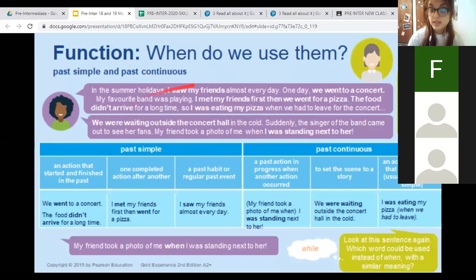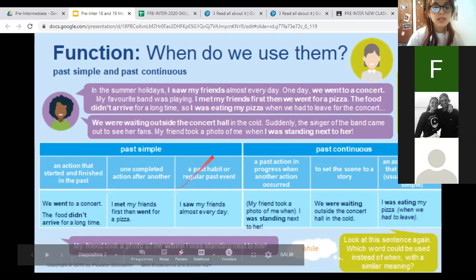Met. Good. Went. Very good. And the past continuous? I was eating my pizza. I was eating. Good. I was standing. Was standing. Good. Very good.